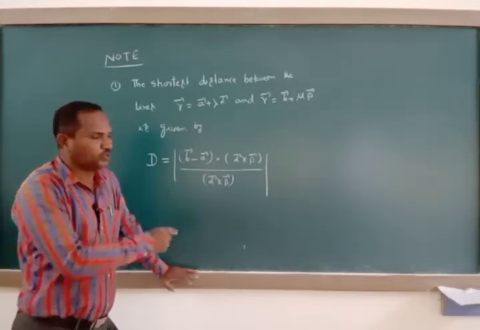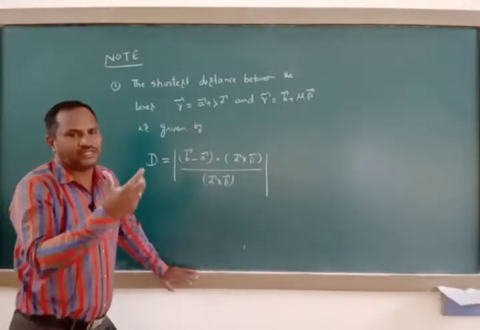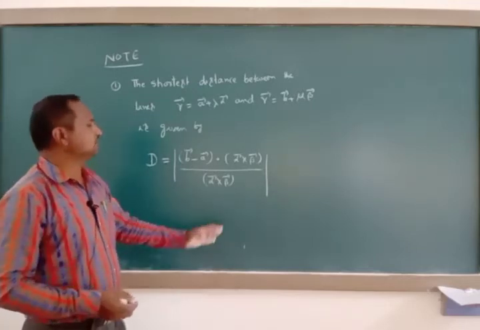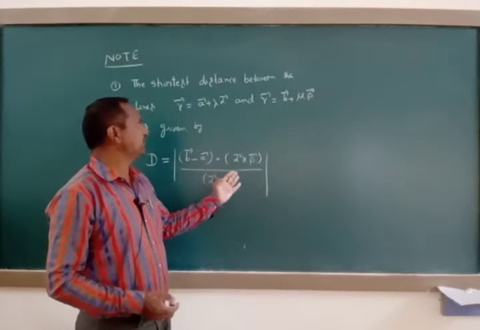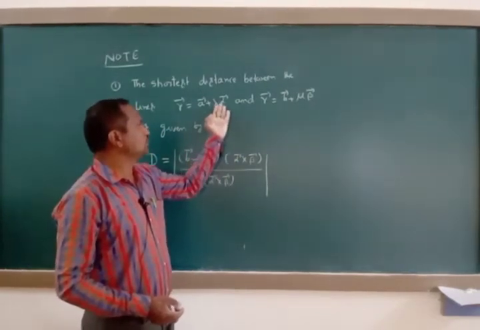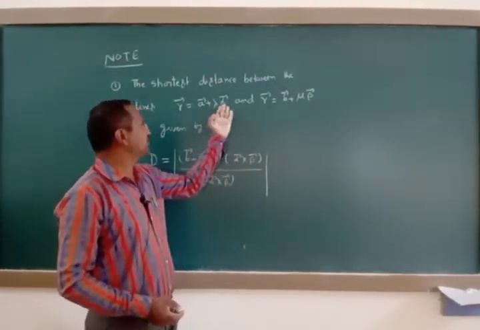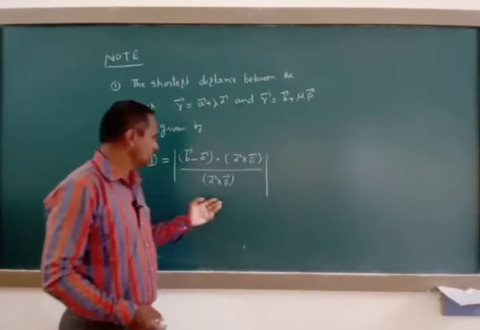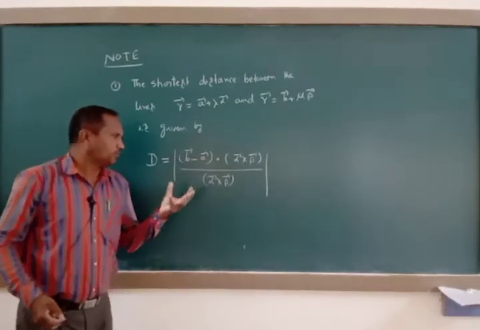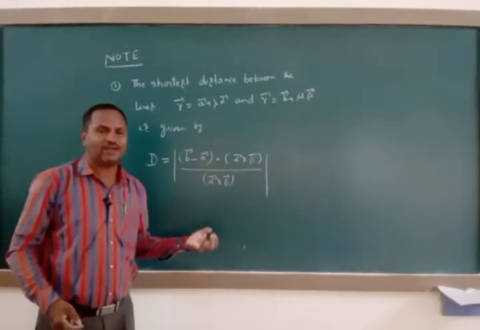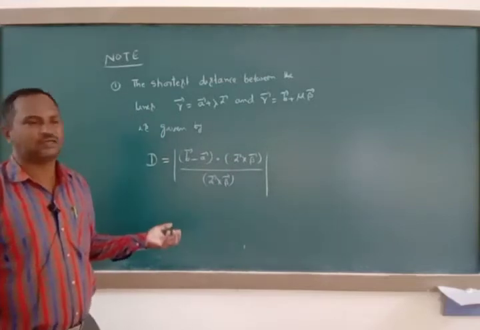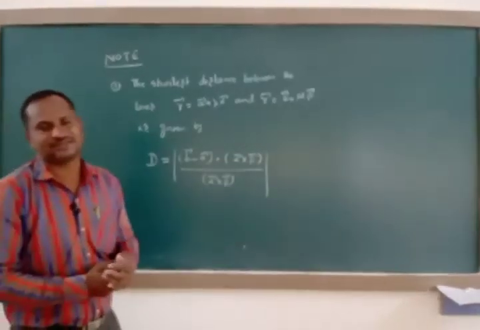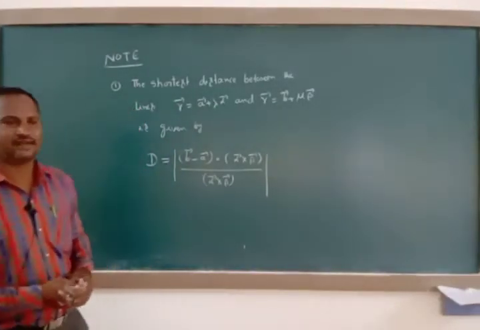Before this I told one theorem, in that theorem how we are taking small letter a vector and small letter b vector. Next, alpha vector and beta vector from the given two lines, you collect them, alpha vector from the first line, beta vector from the second line. Afterwards, substitute here for the numerator and denominator, then we'll get the required shortest distance between the two skew lines.